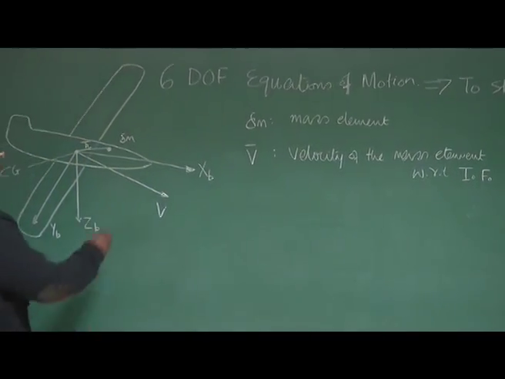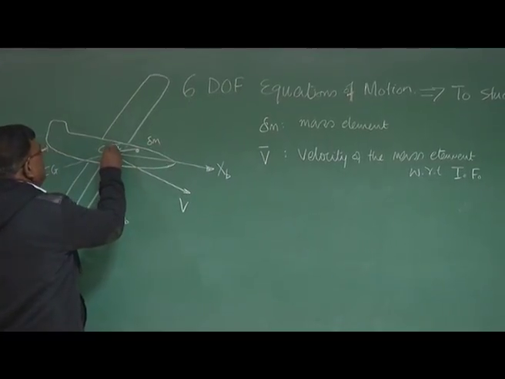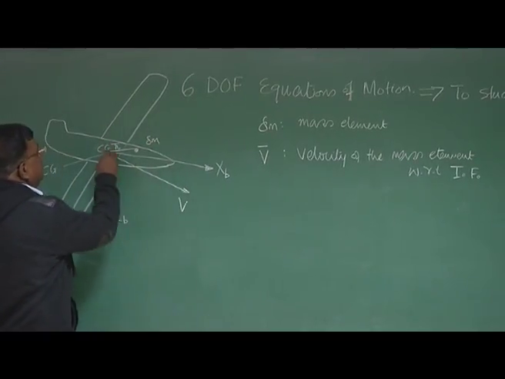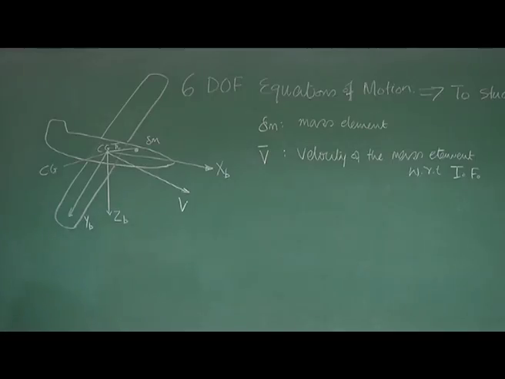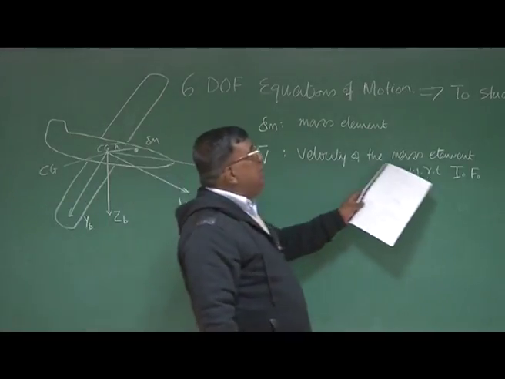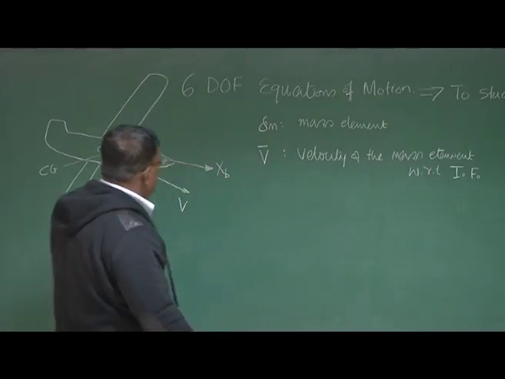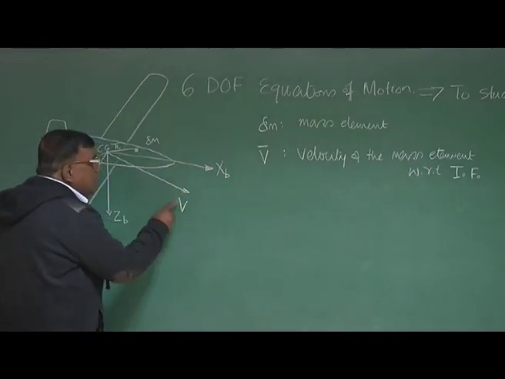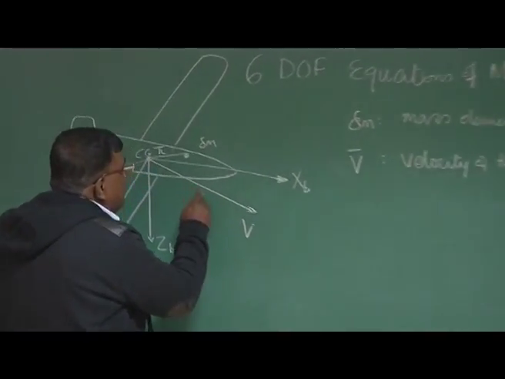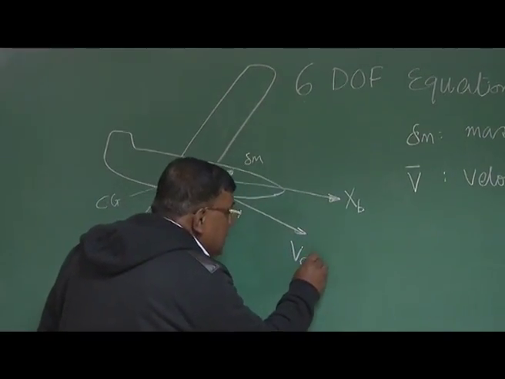Notice that I have drawn this V as the velocity of the center of gravity. Am I correct? What did I write here? Velocity of the mass element with respect to the inertial frame. So this is not the correct representation. This represents the velocity of the center of mass.